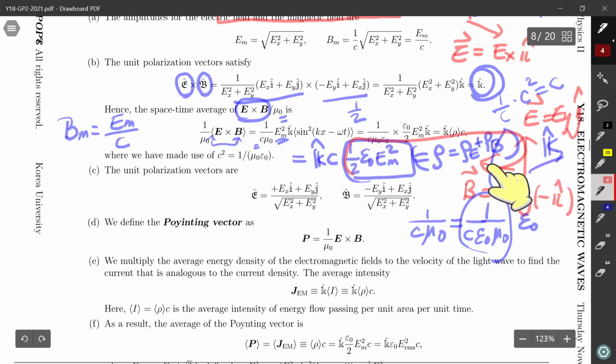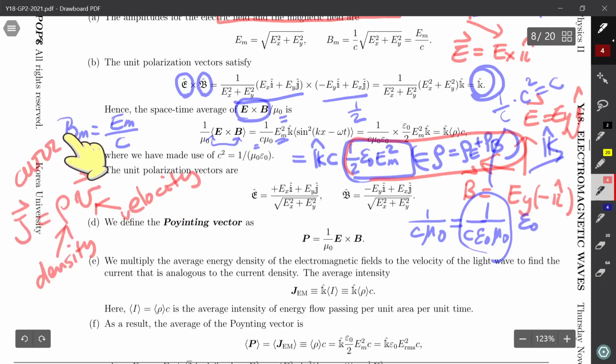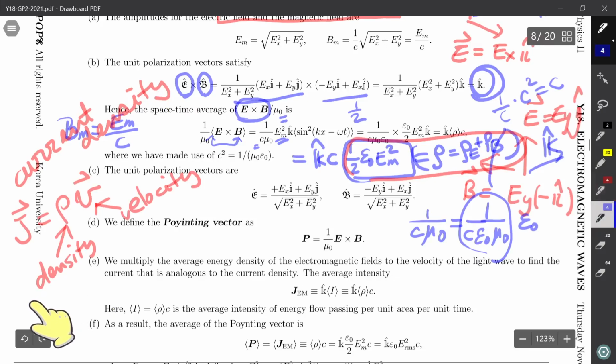This amount is rho times velocity, density times velocity. That is current density. If the density is for charge, then it is electric current density.